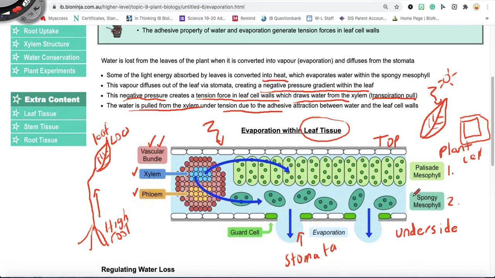Some can be spongy and some can be palisade or columnar shape. So here we see two types of plant cells: palisade mesophyll cells and spongy mesophyll cells. These are two types of plant cells found within the leaf tissue. And notice that these plant cells contain the chloroplasts. So that's where photosynthesis is going to happen within the leaf.